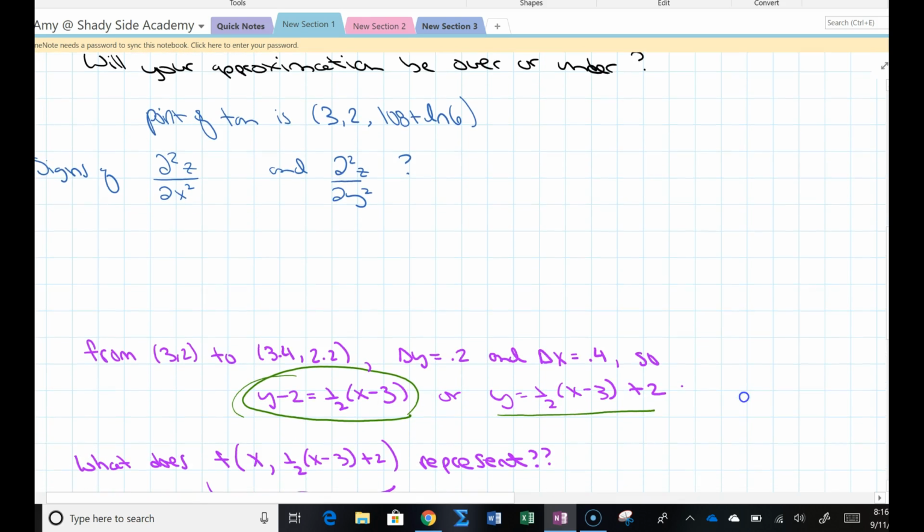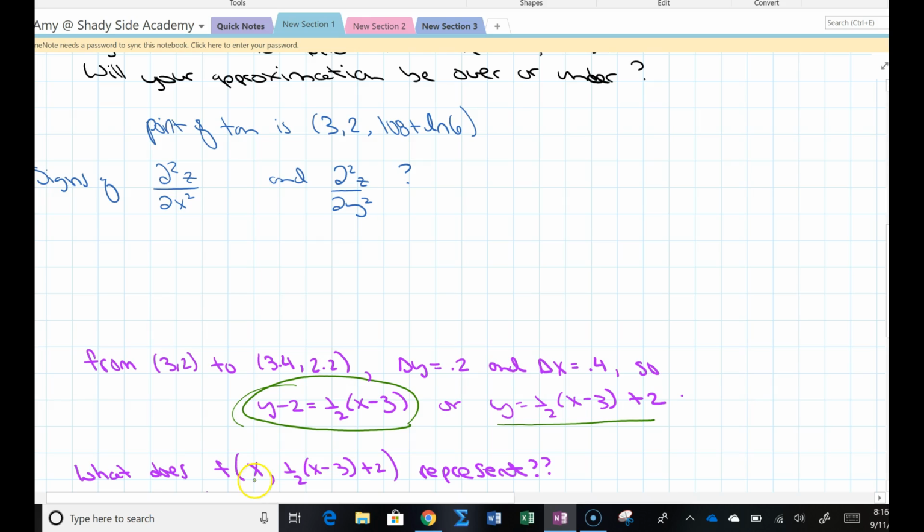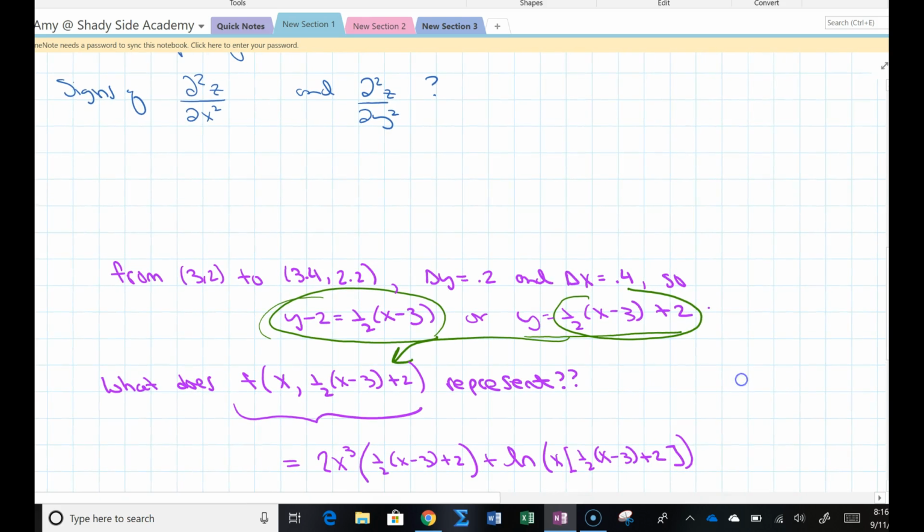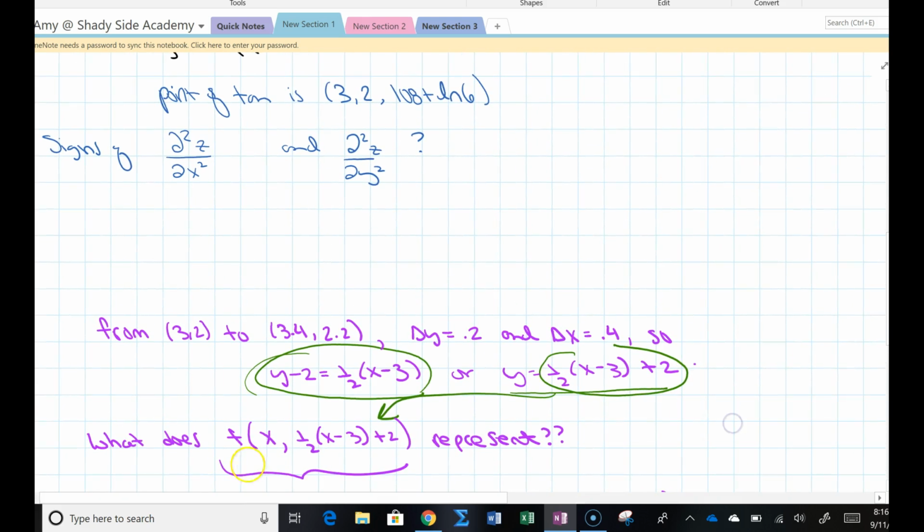Now, what does this represent? Look what I'm doing. I replaced f of x comma y with f of x comma this y. We have to know what this represents, everyone. In words, this here would describe, now listen very carefully, the curve on the surface z above this line on the XY plane.